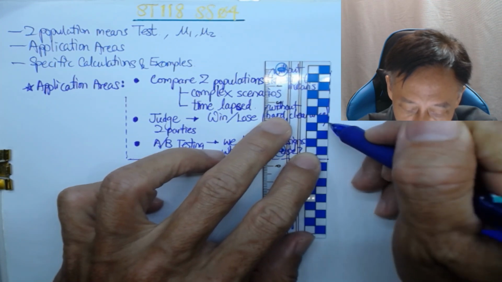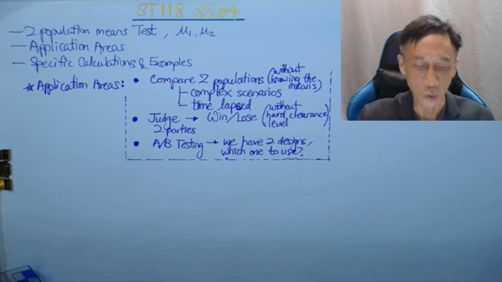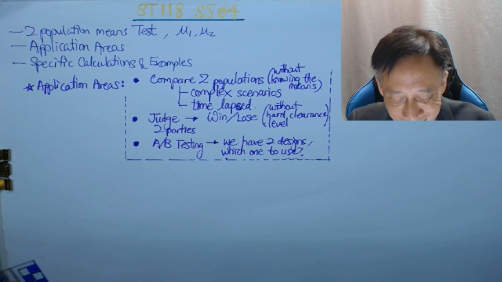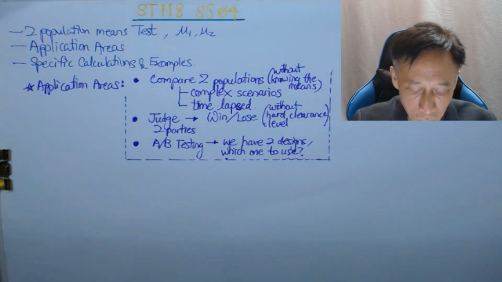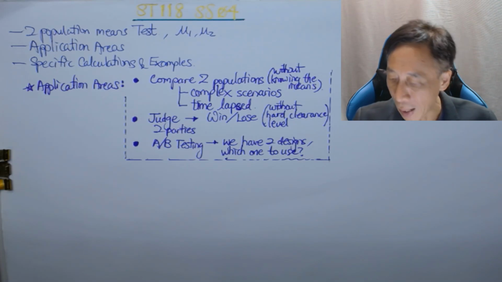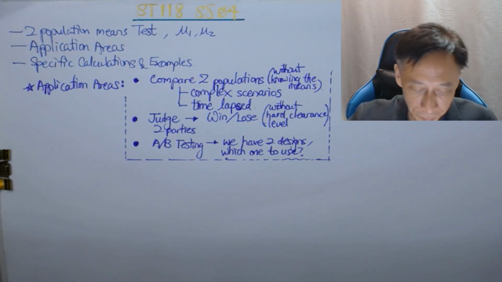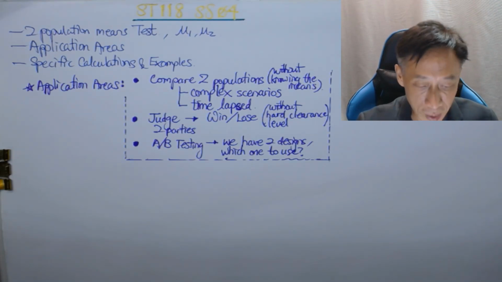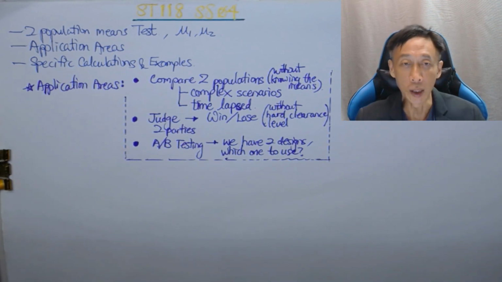Price challenges, price battles. So which one should we choose? Okay, so these are the decision-making times, and it will be those situations where we should really think about using two population mean tests.